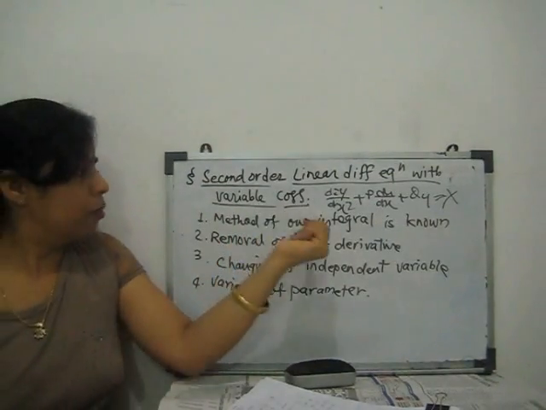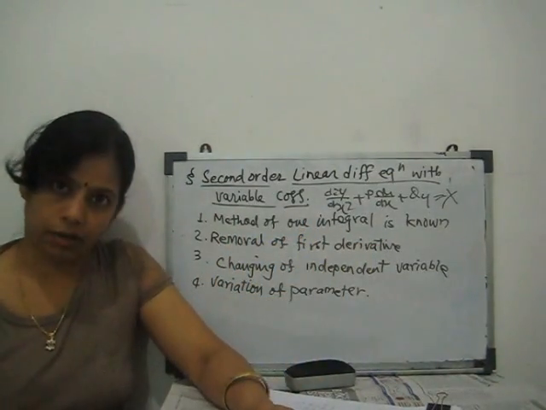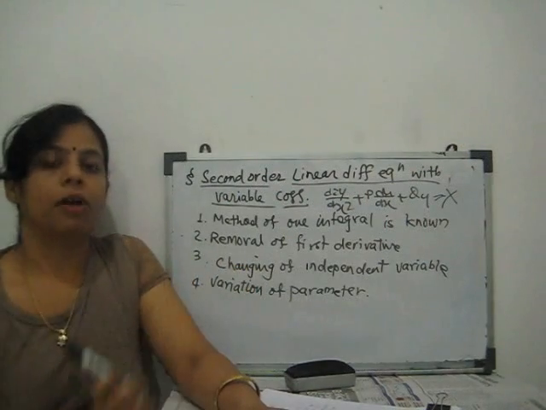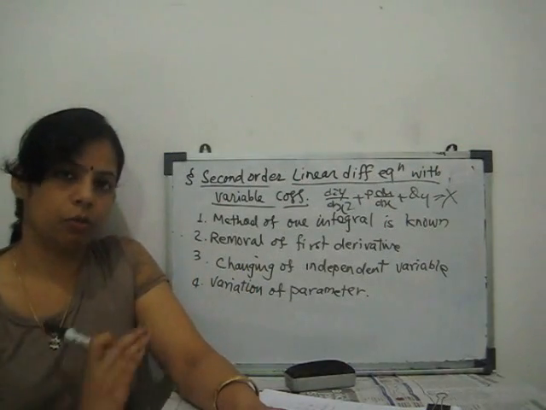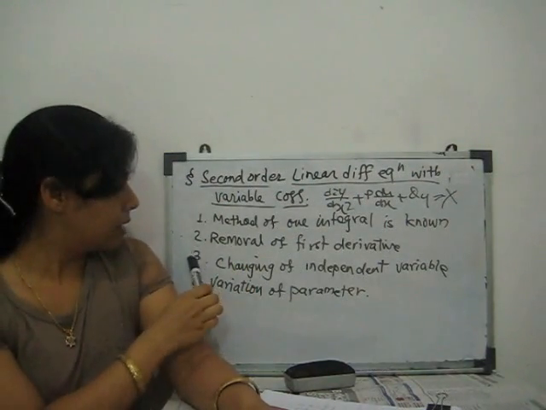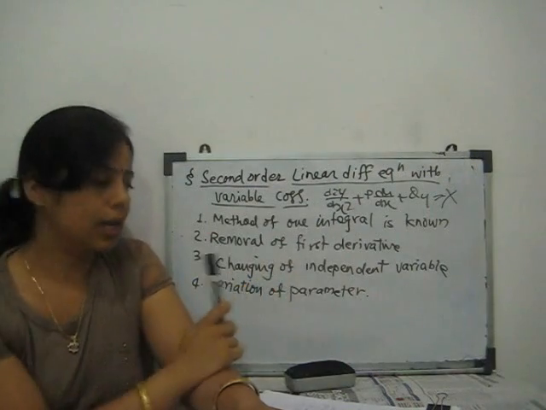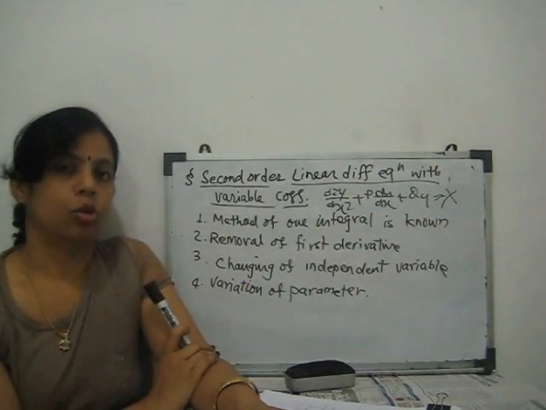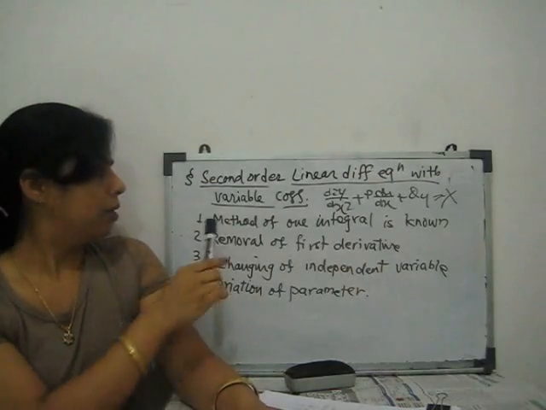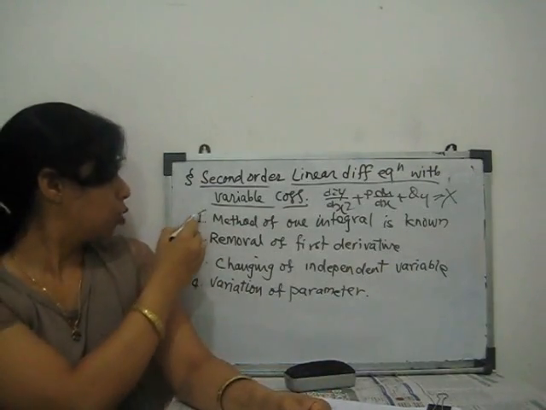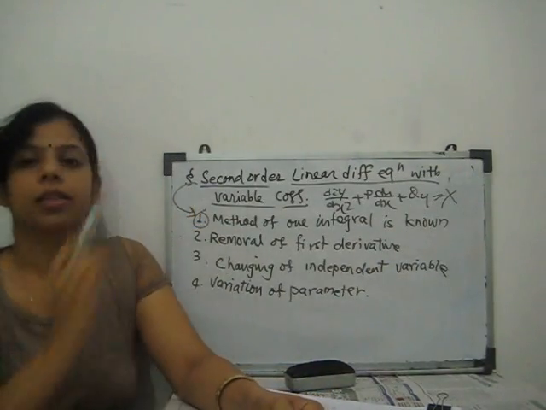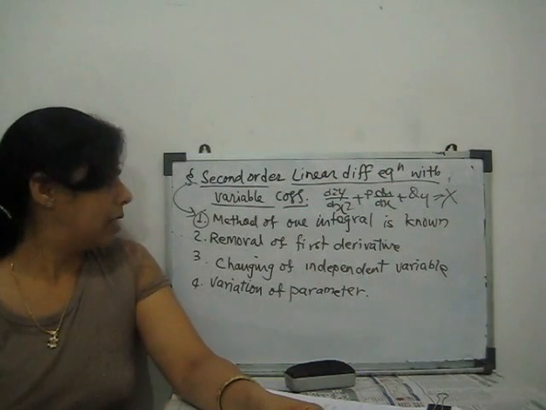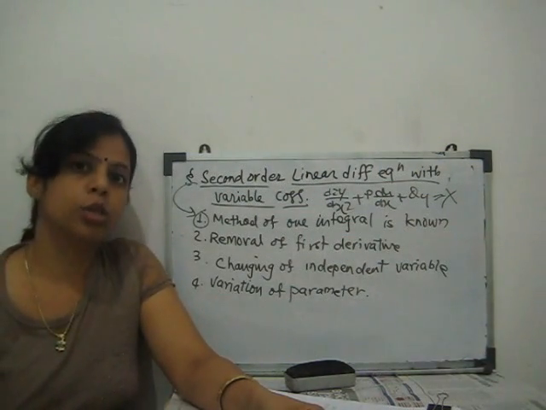Second is removal of first derivative. We can remove the first derivative dy by dx from there and then we solve. Third one is changing of independent variable. Fourth one is variation of parameters. So today in this video we discuss how to solve this equation with the first method, one integral is known.